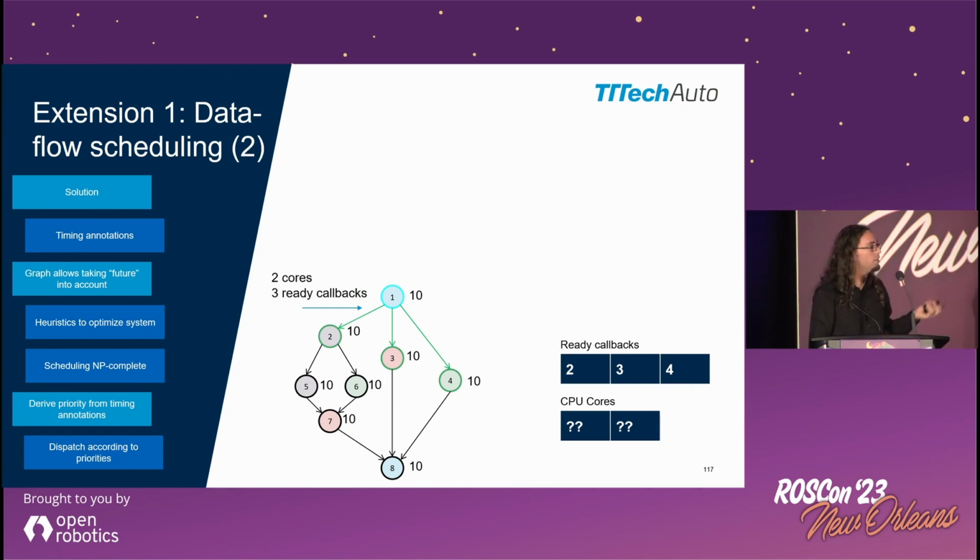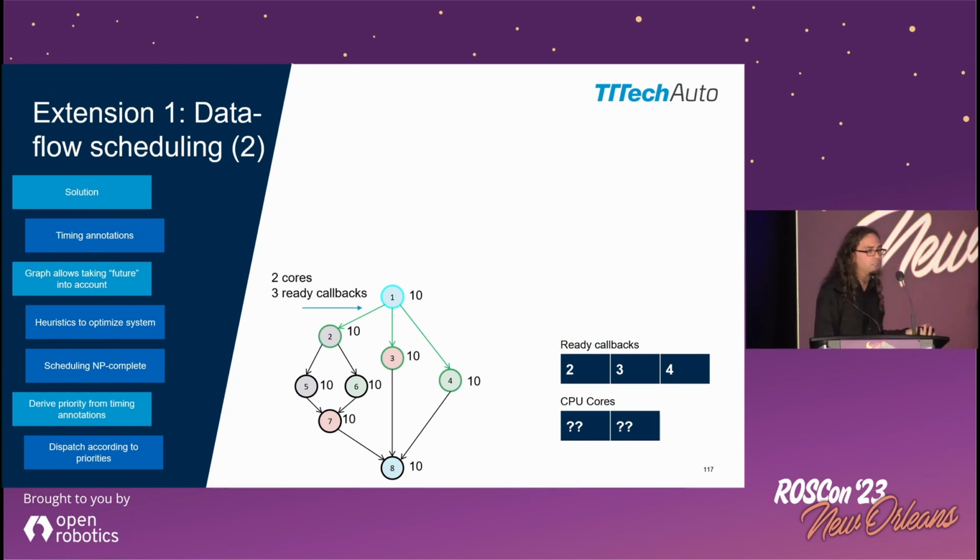So what is the issue here? If we again take the example of callback 1 finishing, we have 3 callbacks that could now be dispatched, but we might only have 2 cores available, right? And therefore we need to choose 2 callbacks and one will just have to wait. In a normal ROS2 system, it would just be kind of random.